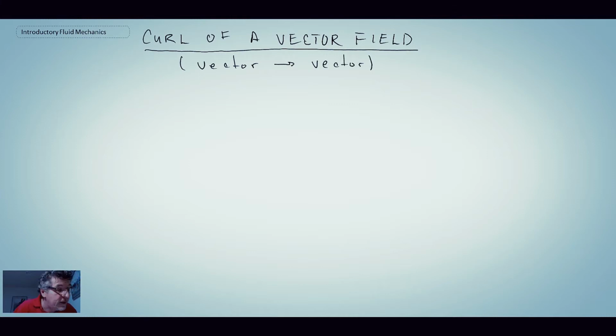And so let's write out the curl. Again, we're going to begin with some velocity field. So that is our velocity vector, del cross V. That's how you will hear it.